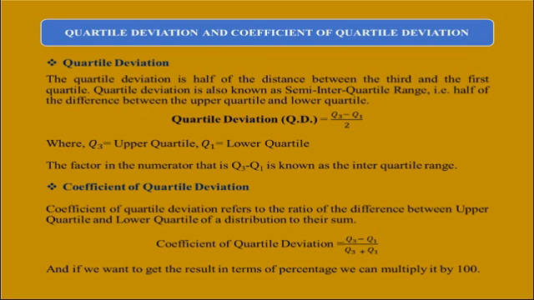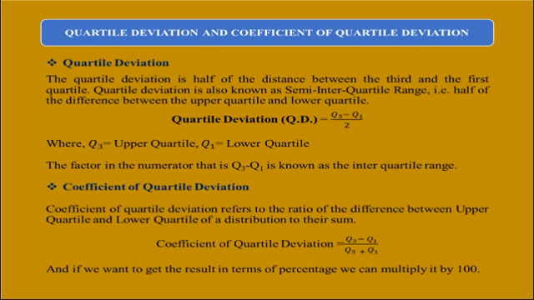The quartile deviation is half of the distance between the third and the first quartile. It is also known as the semi-interquartile range, that is, half of the difference between the upper quartile and lower quartile.